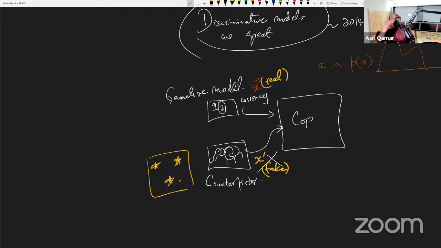To the cop, we'll give either the real dollar bill or a counterfeit produced by the counterfeiter, randomly. If the cop gets it right, it's okay. But if the cop gets it wrong, there's a penalty, there's a loss.